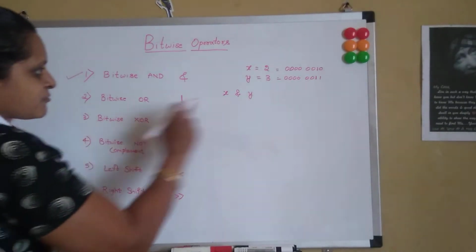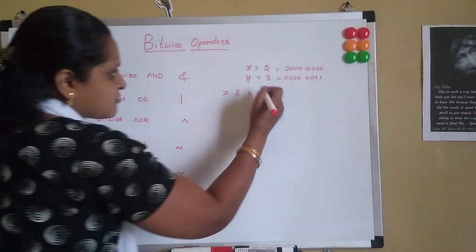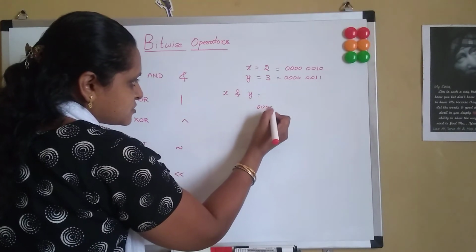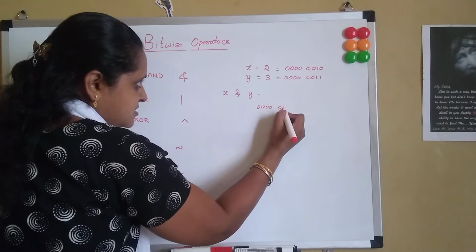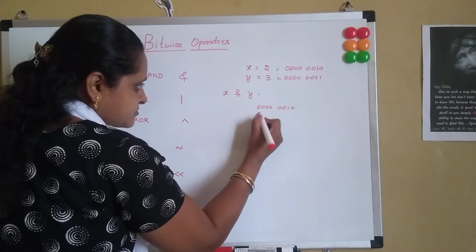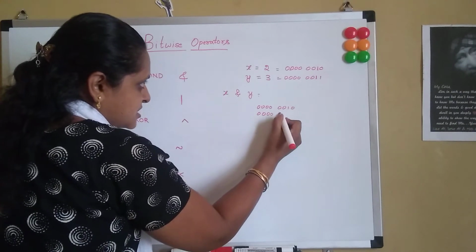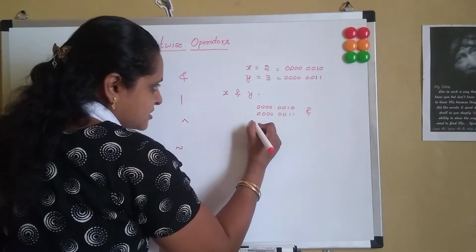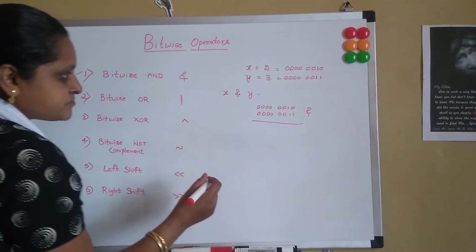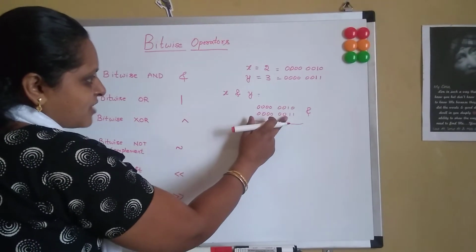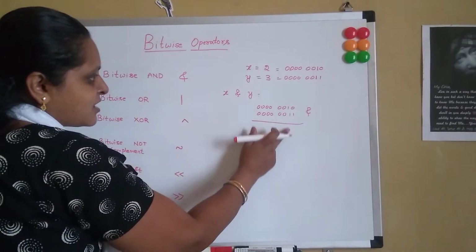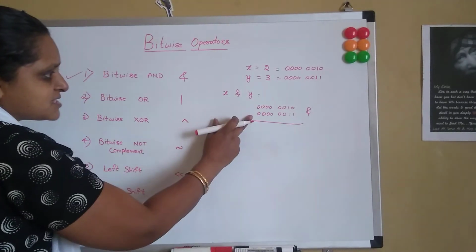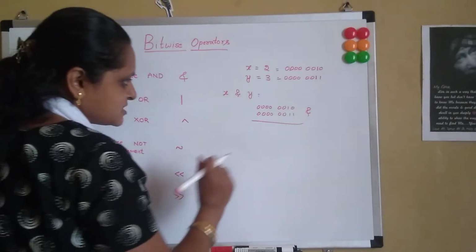Now if we want to perform x and y, it will be 0 0 0 0 0 0 1 0 and 0 0 0 0 0 0 1 1, and we have to perform the AND operation on this. If both the bits are 1, it returns a 1, and if any one of them is 0 or both of them are 0, it will return 0.